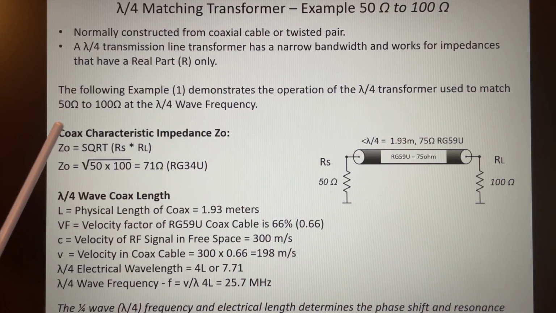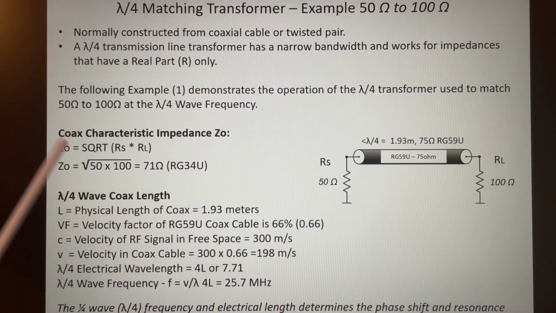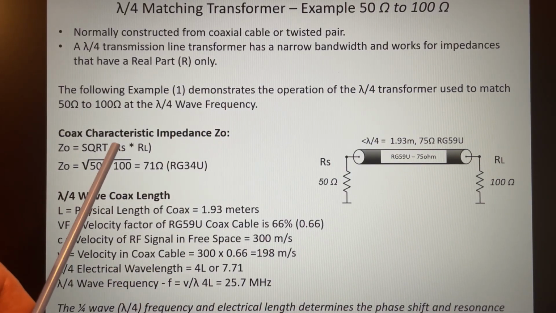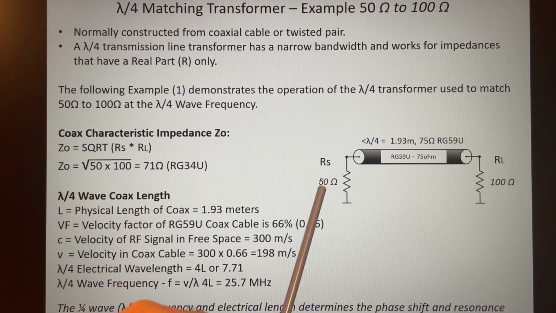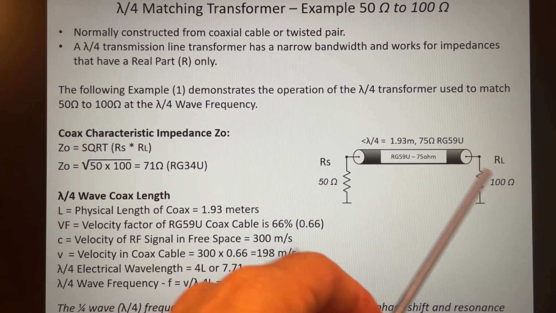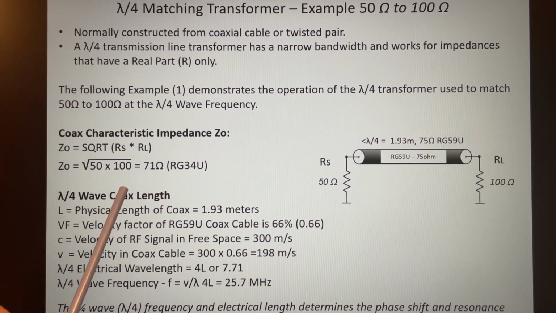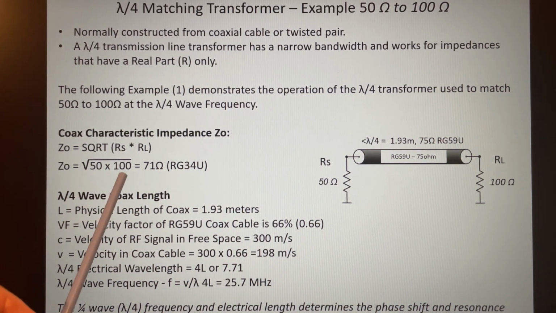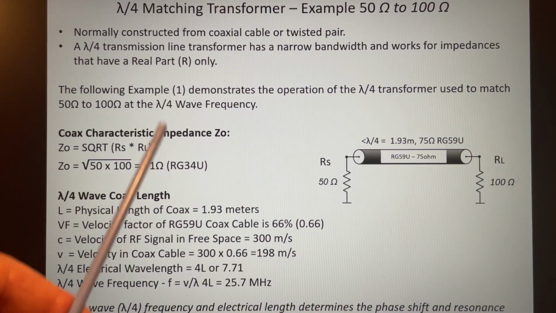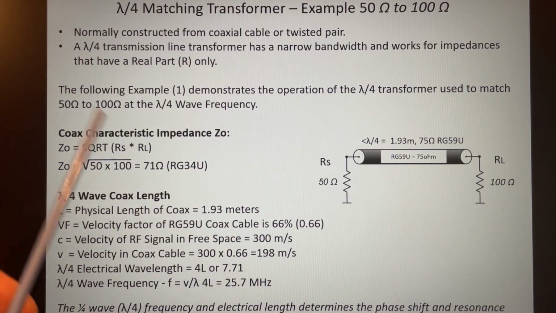Characteristic impedance is normally represented as Z0. So Z0 equals the square root of our source, which is the NanoVNA, 50 ohms, and our load, which is my 100 ohm dummy load. So we just take the square root of the sum of the squares. We square 50, we square 100, take the square root, and it's 71 ohms, which is RG34U.